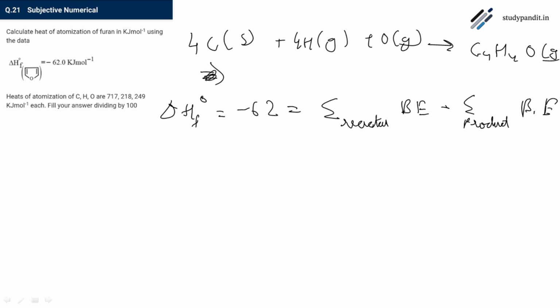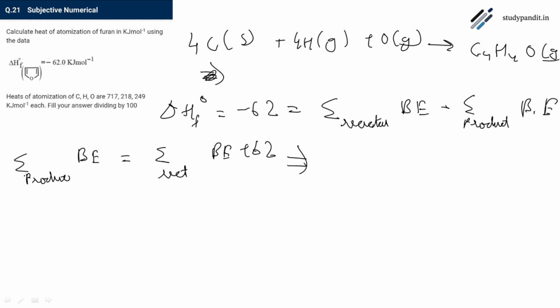So, what will we get? Product bonding energy is equal to summation of reactants bonding energy plus 62. Just a rearrangement of this equation.